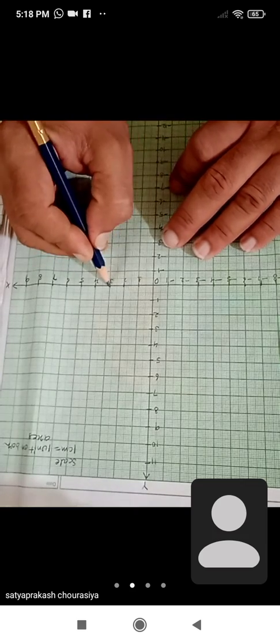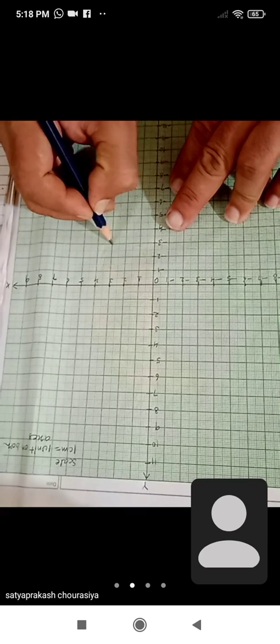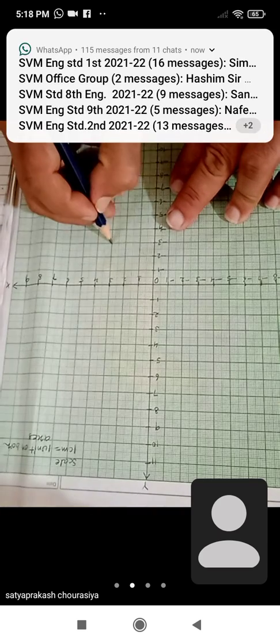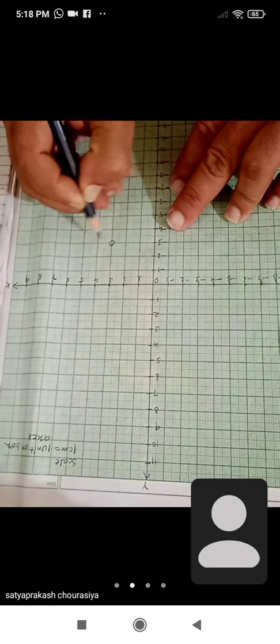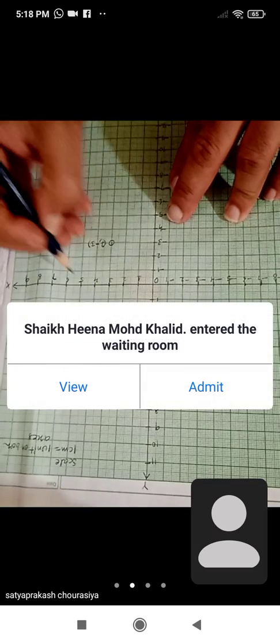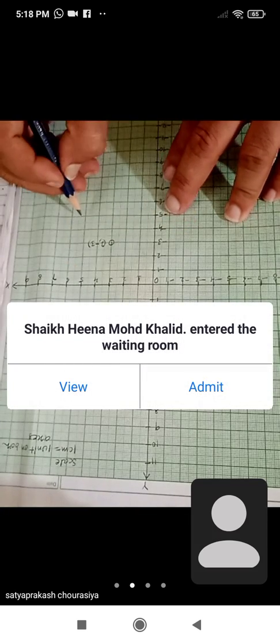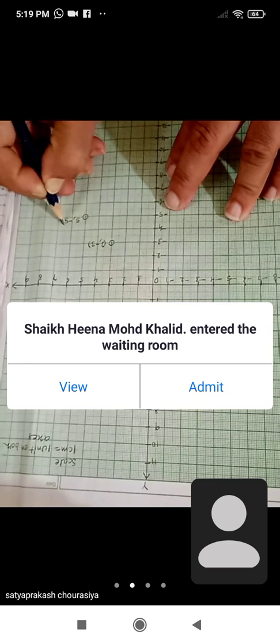So this is 3 comma -3. Next point is 5 comma -5. See, the 5 and -5 is here.